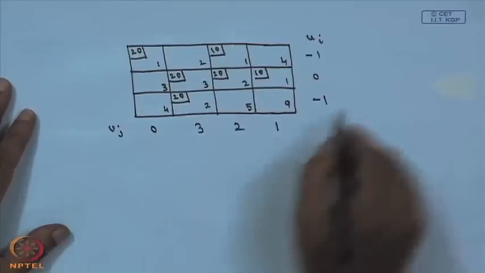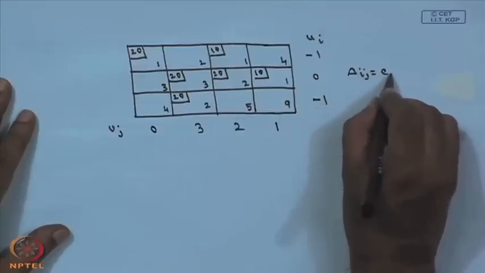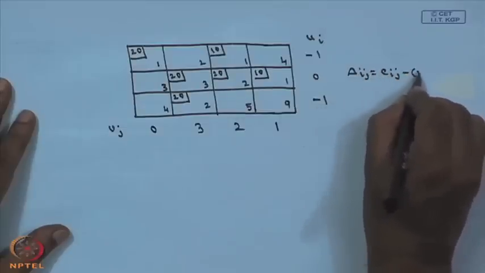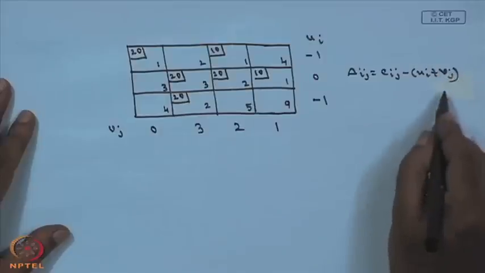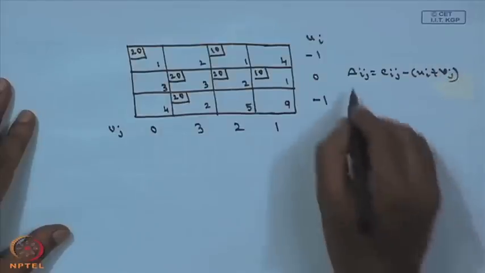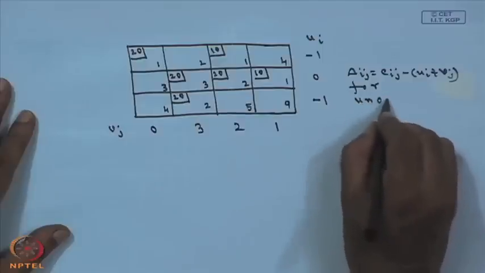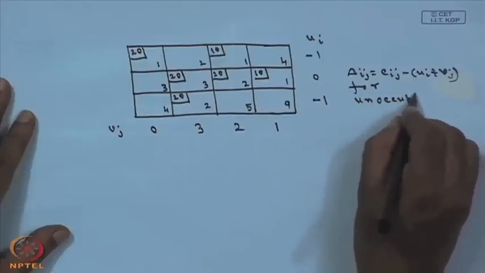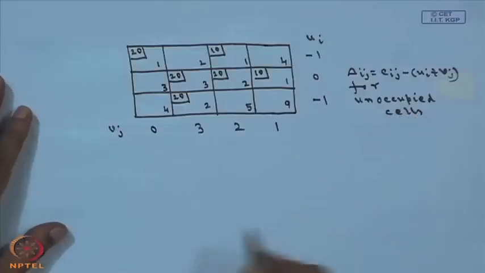I have to compute delta ij equals Cij minus (ui plus vj), and I will calculate it for which cells? I will calculate it for unoccupied cells. Please note this one.